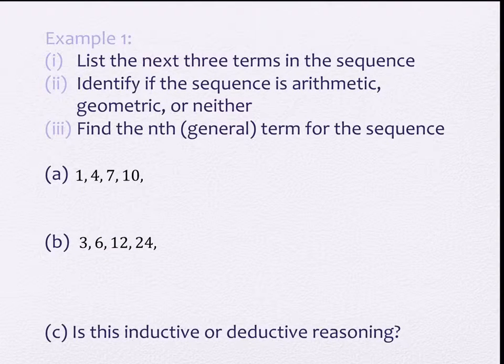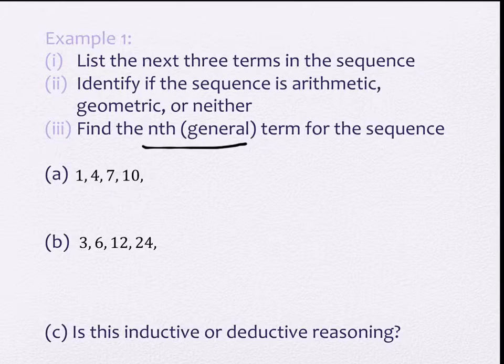Okay, so let's come over here. I have an example. We are supposed to find the next 3 terms in the sequence, decide if the sequence is arithmetic, geometric, or neither, and then find the nth or general term for the sequence. And I'm kind of particular on that one right there, on how I'd like to see you think it through.